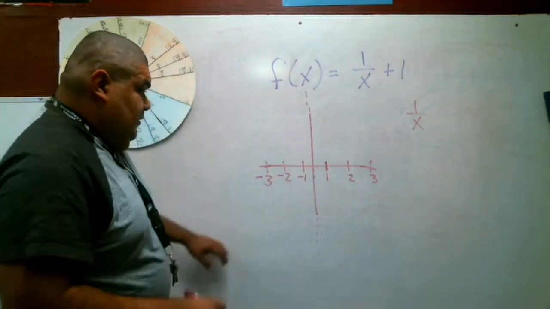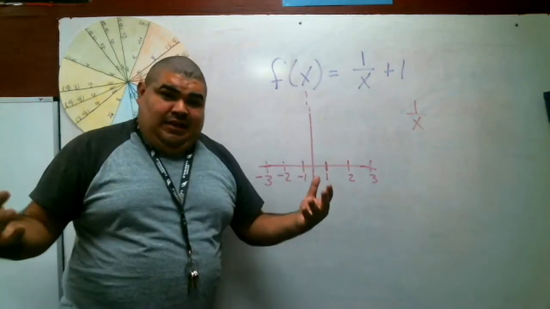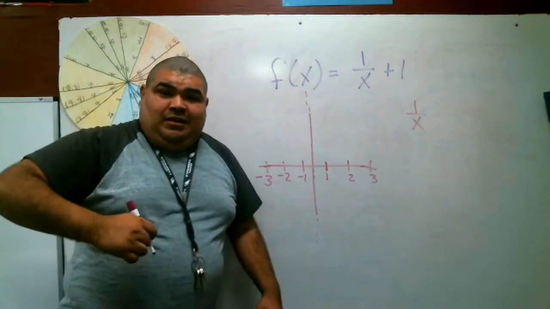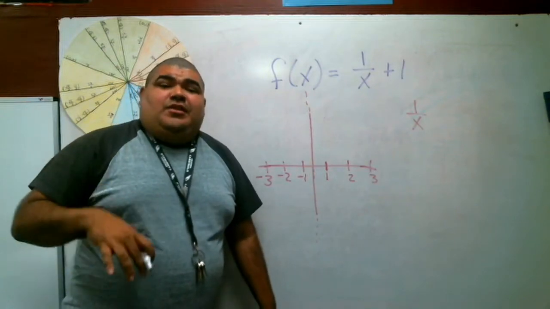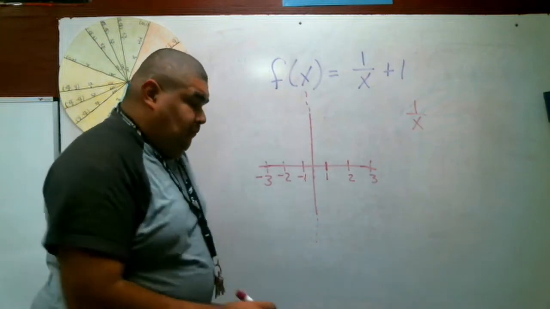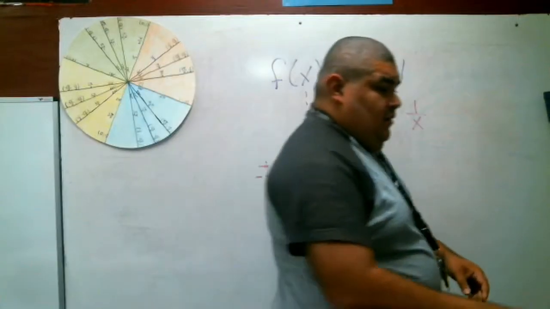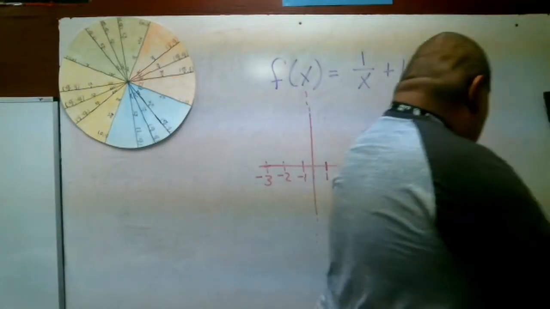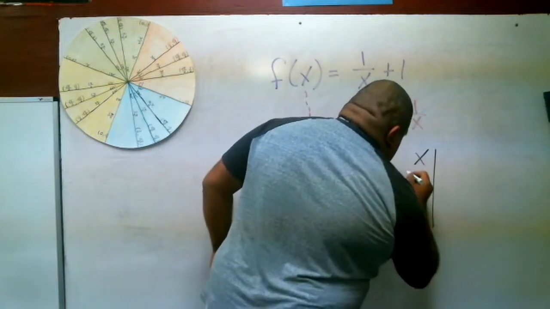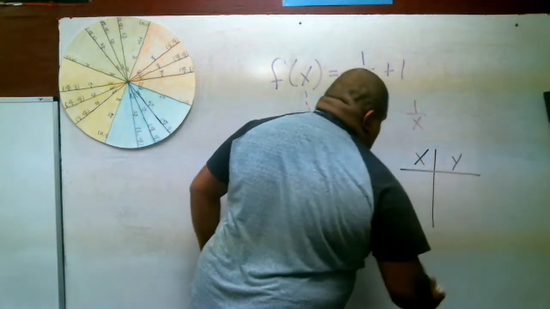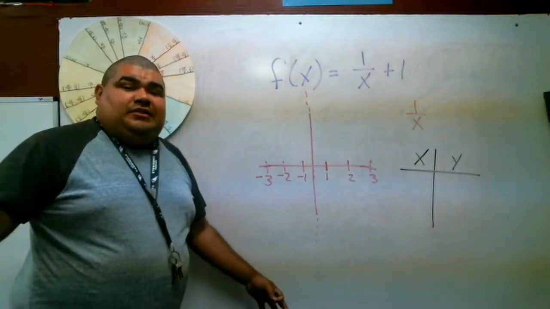When that happens, you're going to pick a few points on each side of the asymptote. Last class we just drew them in. Today, for the chart, we're actually going to plug in some numbers. So in our chart we have x and y.